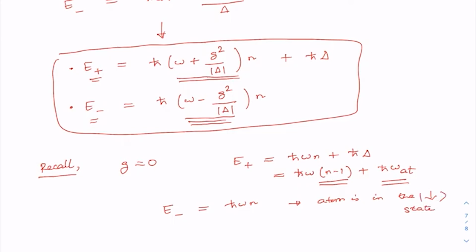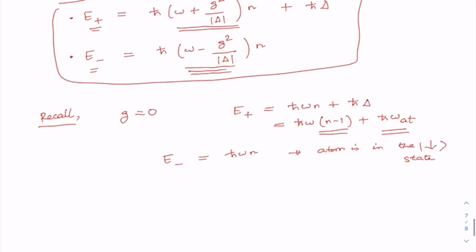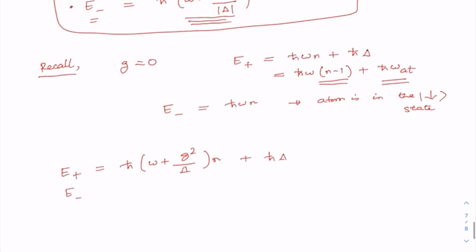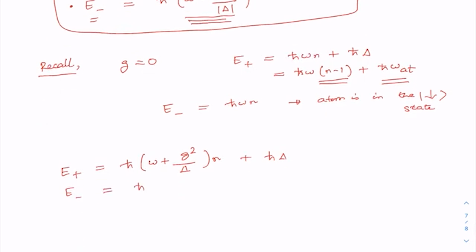So keeping these things in mind, let me once again write: E plus is equal to h cross (omega plus z square by delta) n plus h cross delta, and E minus is equal to h cross (omega minus z square by delta) n.